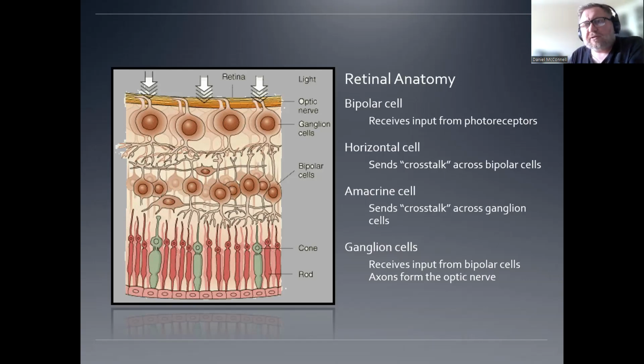So this helps to highlight contrast, because if you have a certain area that's illuminated with light and an area next to it that is in the dark, by actively inhibiting the dark region, you're going to magnify the difference in the response of the light compared to dark sides of that edge, right?